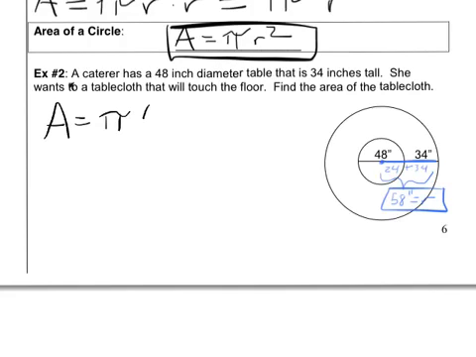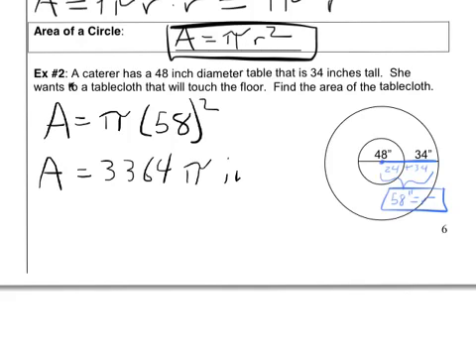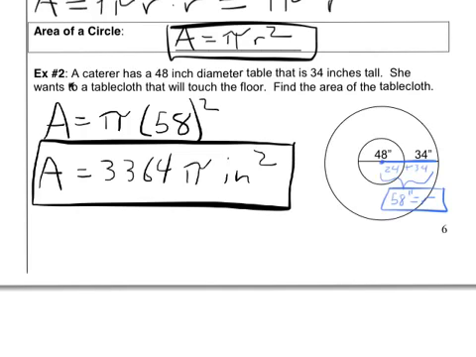Okay. Well, let's just plug that in. Area equals pi 58 squared. And 58 squared is 3364. So area equals 3364 pi inches squared. And we could just leave it in terms of pi. We don't have to multiply it by pi and get some weird decimal.